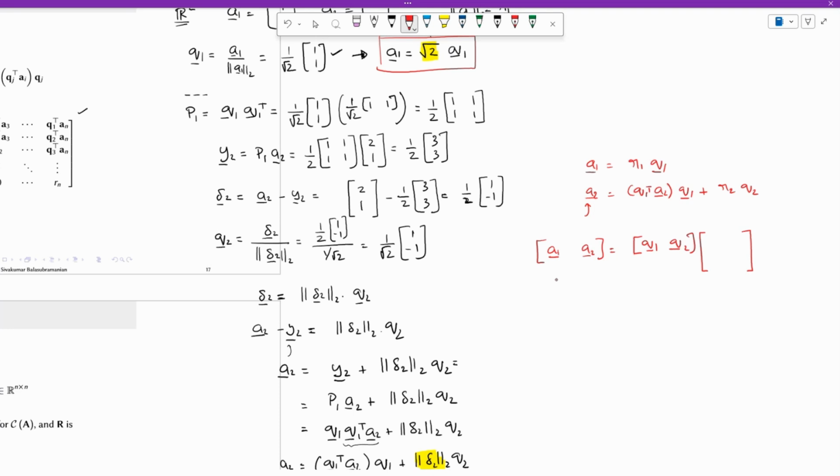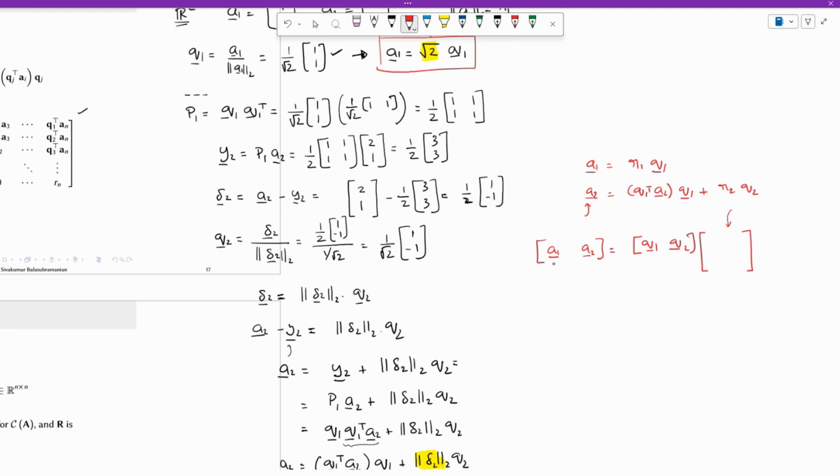Taking the column view of matrix multiplication, the columns of the left-hand side are a linear combination of the columns of the first matrix on the right-hand side, and the exact mixture for the linear combination comes from the columns of the second matrix. Okay?